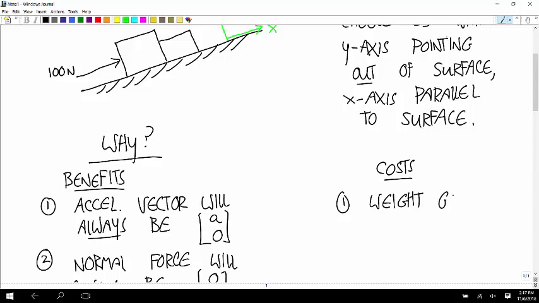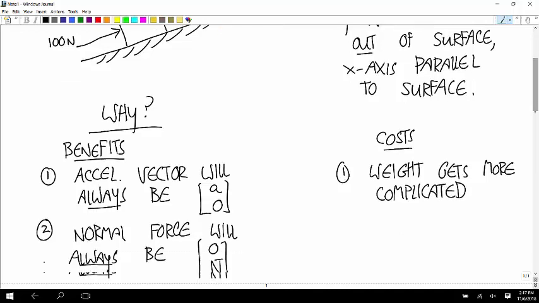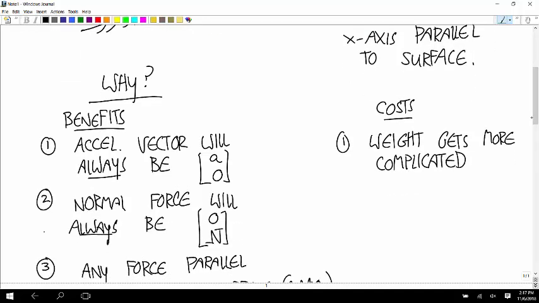So the weight always gets more complicated. And notice that the weight is equal to mg, whatever that is, the magnitude, times the cosine and sine of some angle. And we're going to have to figure out what that angle is.